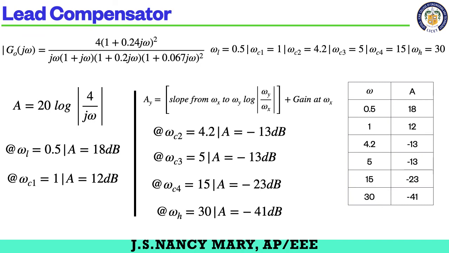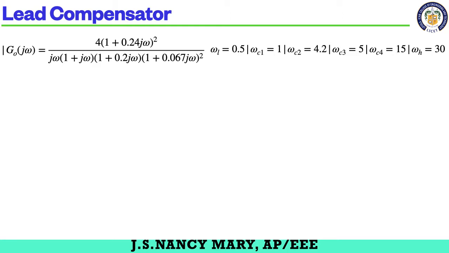Now we have to find out your tan inverse, that is the angle equation. So going for the angle equation, now you will wonder if it is 1 plus 0.24 J omega the whole square, how you are going to write the equation? Now just put the 2 before. You have to write it as tan inverse of 0.24 omega, but you have to include a 2 before that. The power of the 2 will come before the tan.